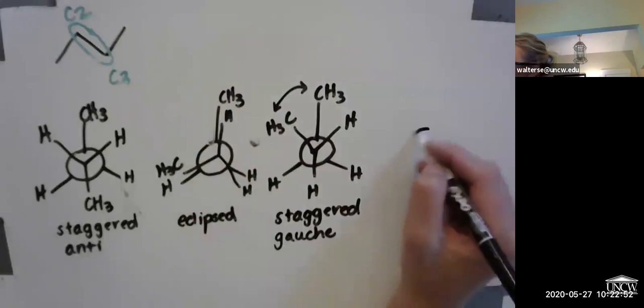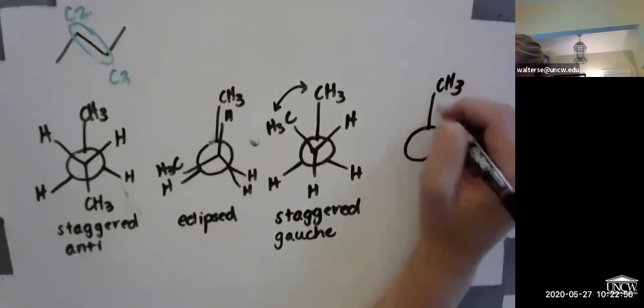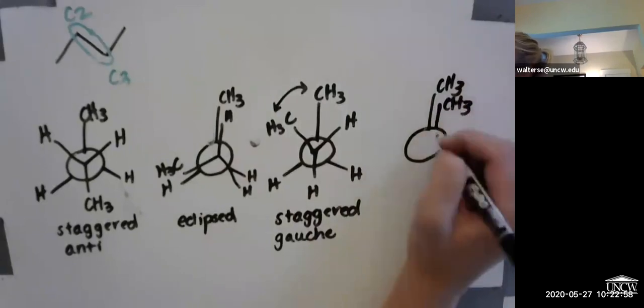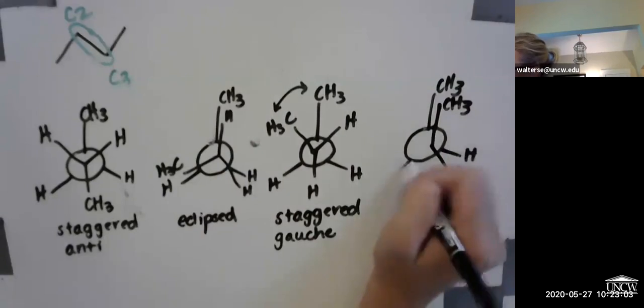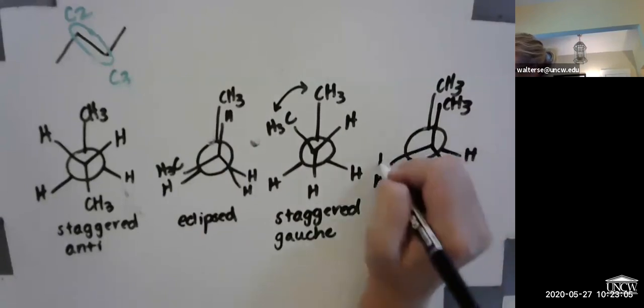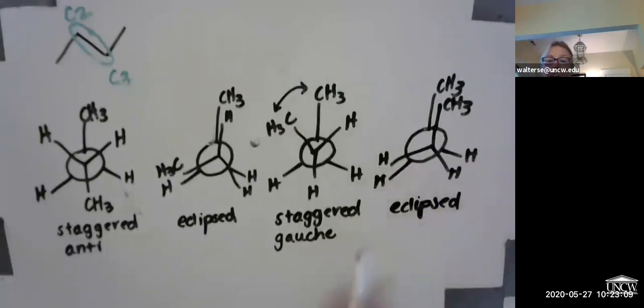And then you would rotate again by 60 degrees, and you would have your methyl groups eclipsed together. Now, it's really hard to tell.